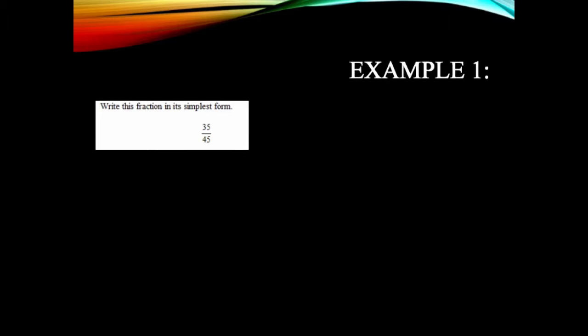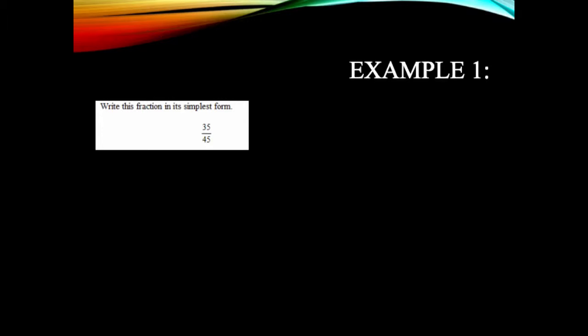Okay, let's have a look at this first example then. It says write this fraction in its simplest form. So the key word here is simplest form. This means cancelling this fraction down. One of the first things that you will have learnt, all the way through school from primary school up, is this idea of cancelling down.